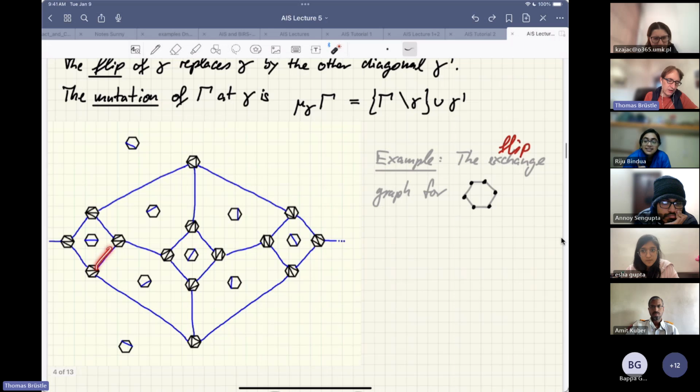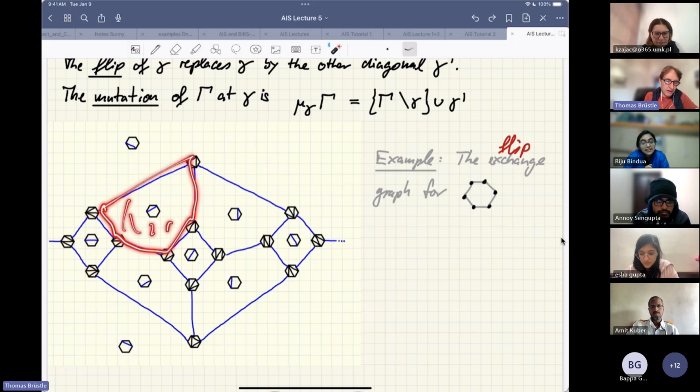So I get kind of a commutative diagram of flips, and in that shaded region here, I always keep the middle arc. These are all the triangulations that contain that middle horizontal arc. And I can move on. There's another shape, and common to all these five is that they all contain this arc, and so on.